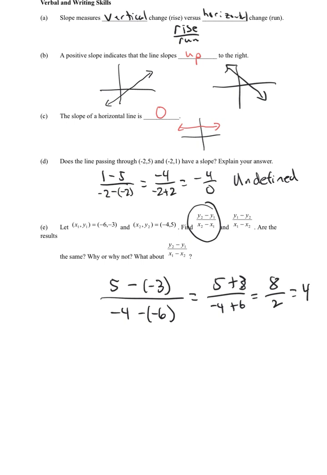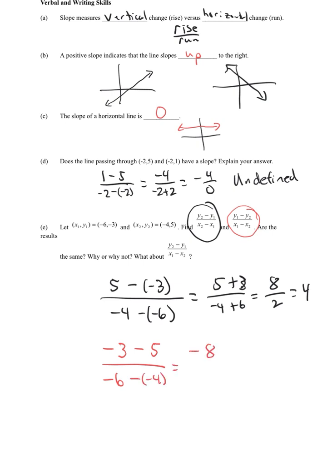Well, what if I did the other one here, where I did the first minus the second, and then the first minus the second? So in that case, that would be -4 minus, that would be the first y coordinate, -3 minus 5 over -6 minus -4.